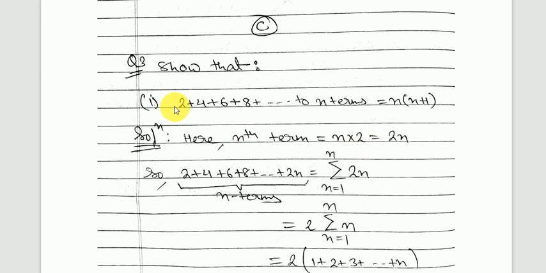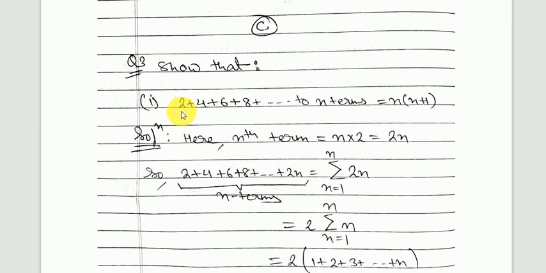If you observe, this is 2, this is 4, this is 6. To write the next term, you have to add 2 to the previous term.